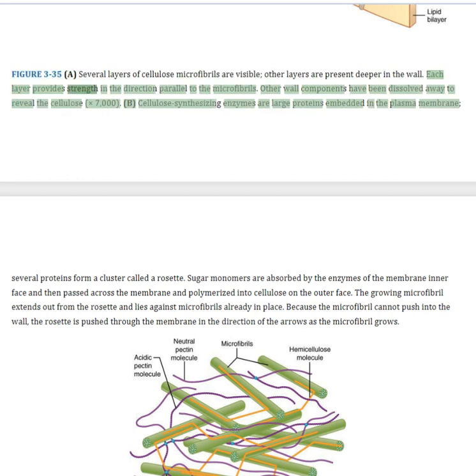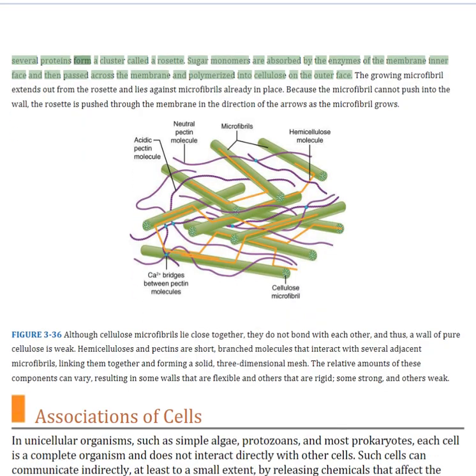Figure 3.35. Several layers of cellulose microfibrils are visible; other layers are present deeper in the wall. Each layer provides strength in the direction parallel to the microfibrils. Other wall components have been dissolved away to reveal the cellulose. Cellulose synthesizing enzymes are large proteins embedded in the plasma membrane. Several proteins form a cluster called a rosette.